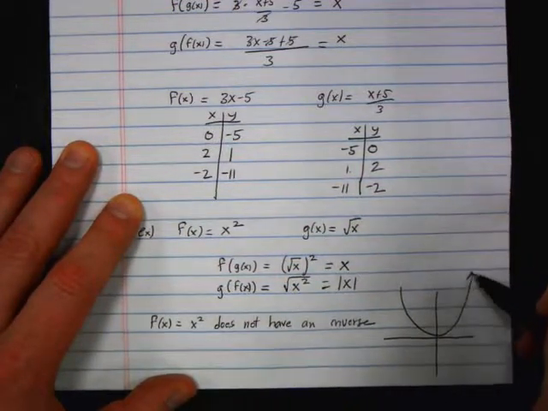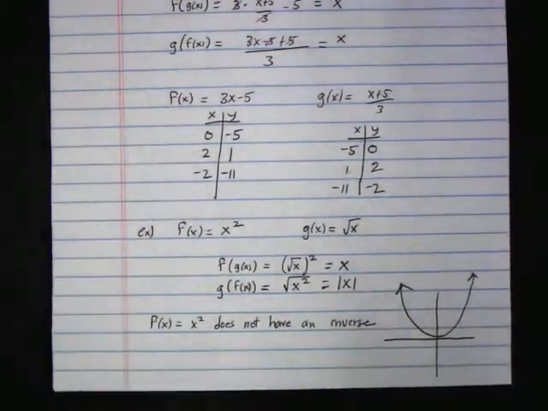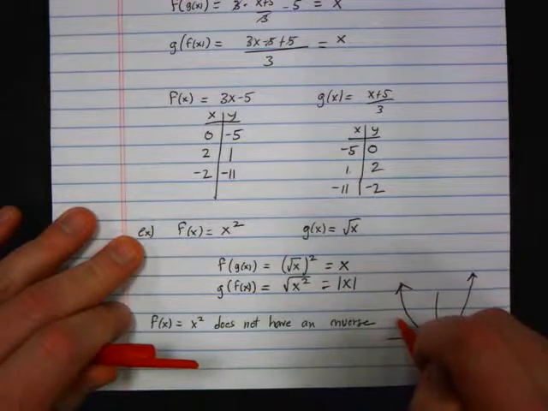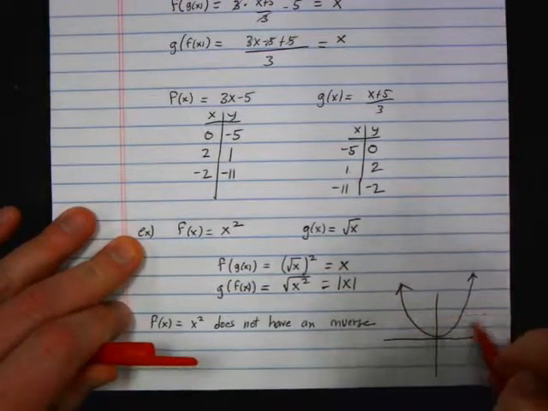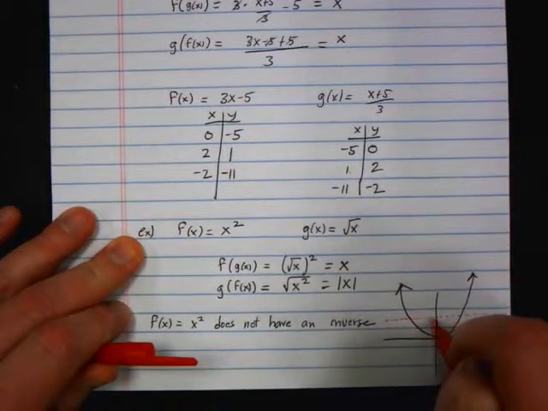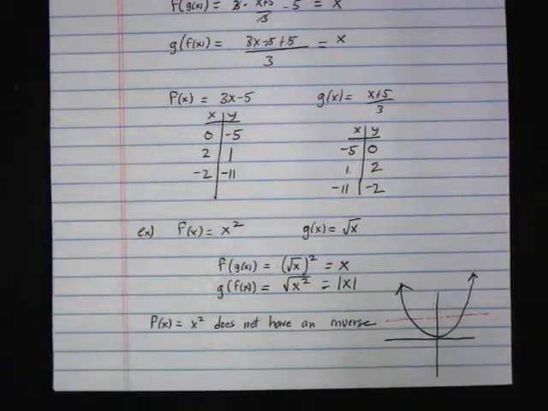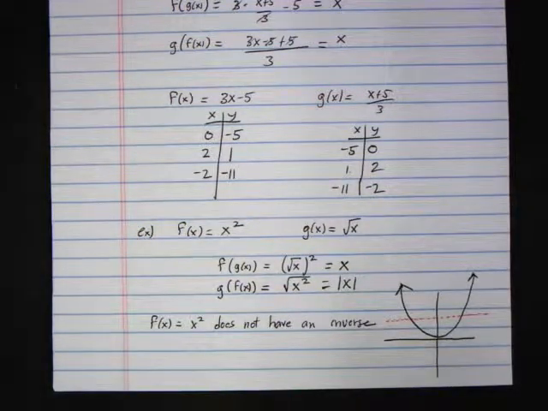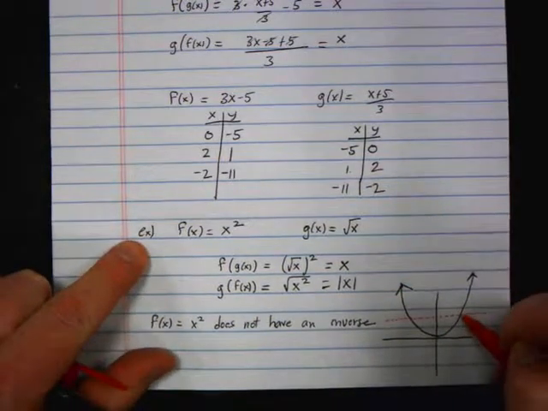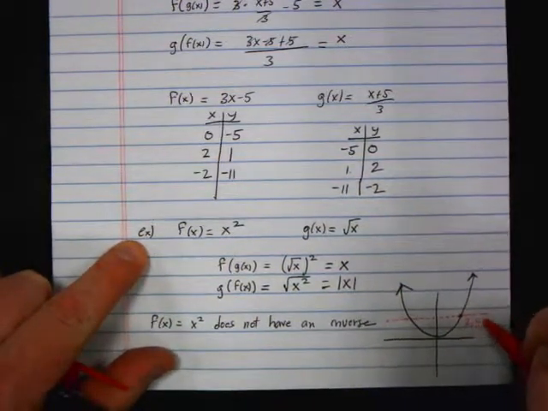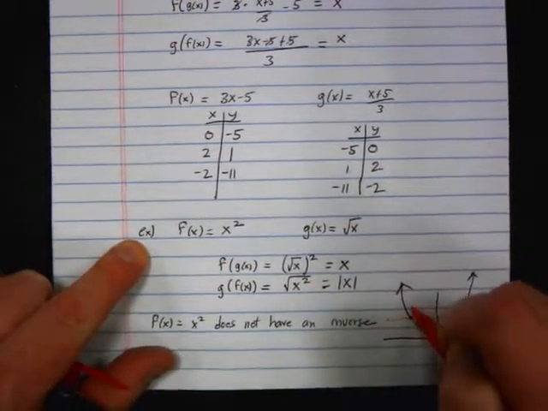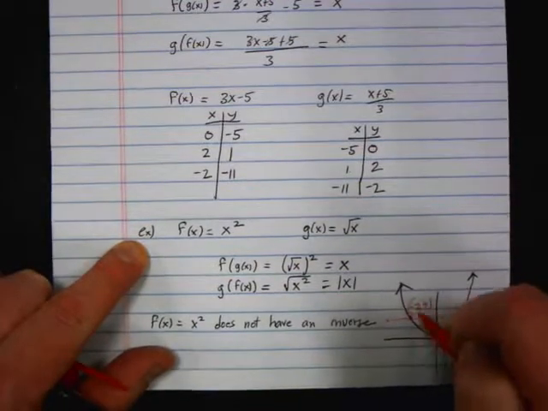If I draw x squared, it looks like this. And the issue with x squared is if I draw a horizontal line, like right about there, how many times will that horizontal line hit that graph? Twice. So this might be the point (2, 4), and this might be the point (-2, 4).